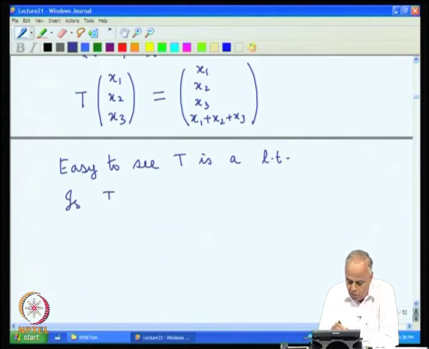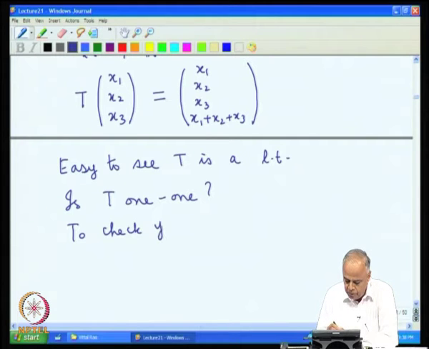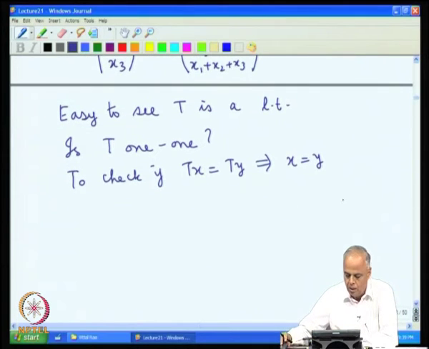So, is T 1-1? What do we have to check? Again we have to check if T x equal to T y implies x is equal to y. So, let us say T x equal to T y.